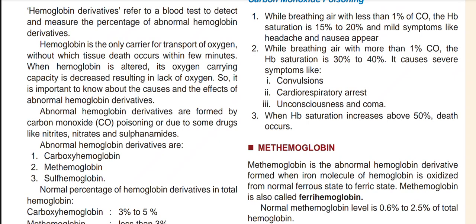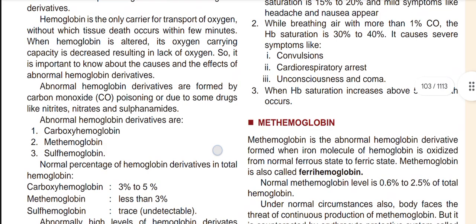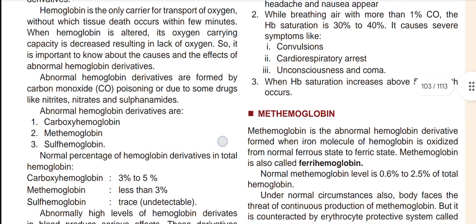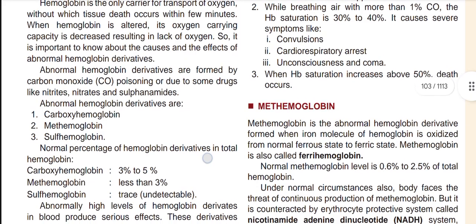So, it is important to know about the causes and the effects of abnormal hemoglobin derivatives. Abnormal hemoglobin derivatives are caused by carbon monoxide poisoning or by some drugs like nitrites, nitrates, and sulfonamides. The abnormal hemoglobin derivatives are carboxyhemoglobin, methemoglobin, and sulfahemoglobin.